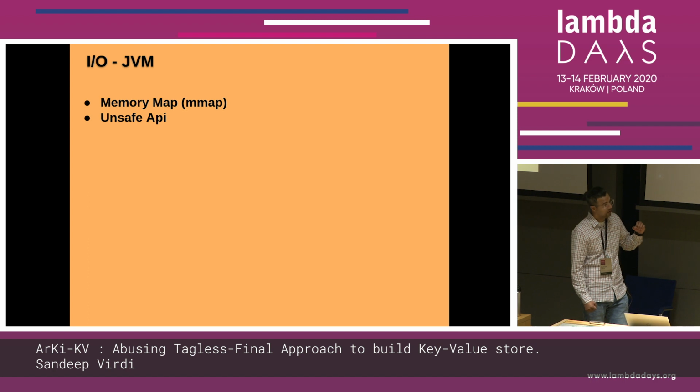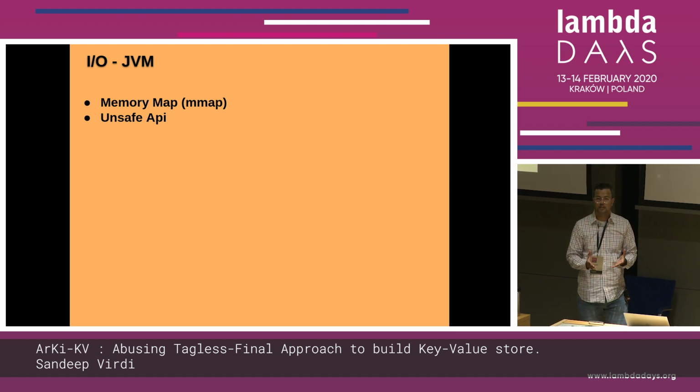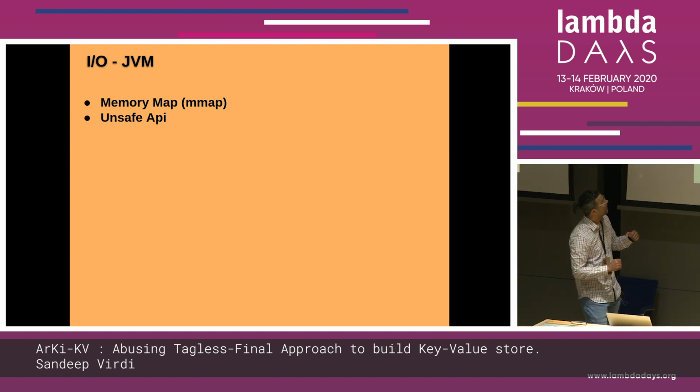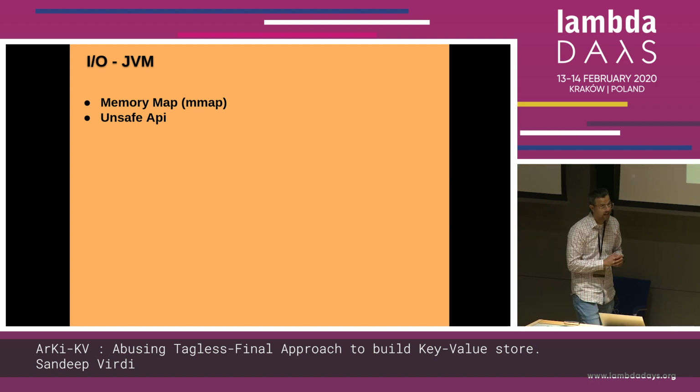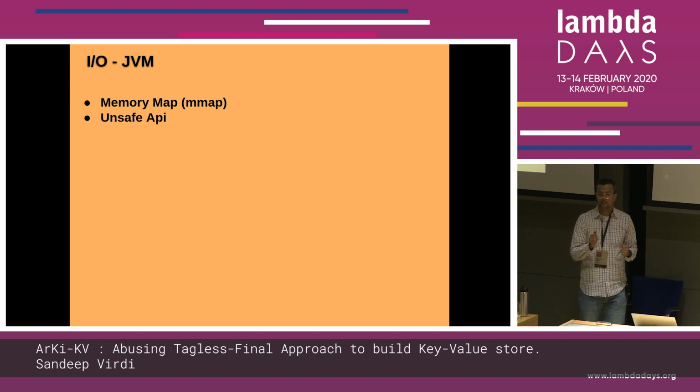Do people know what direct byte buffers are? Anybody? Okay. So direct byte buffers are natively allocated memory with a pointer on heap. All right. So let's look at unsafe API. How many people know what unsafe API is on the JVM? Okay.